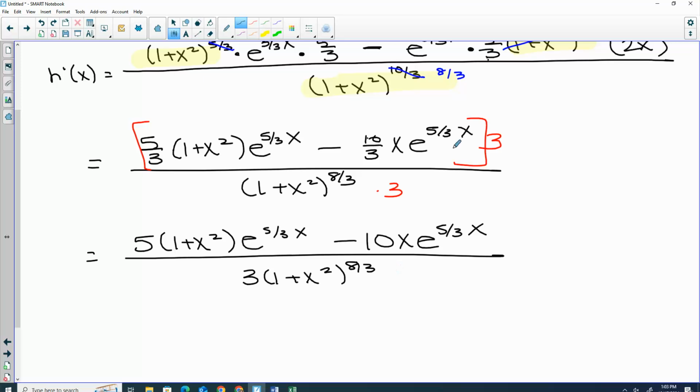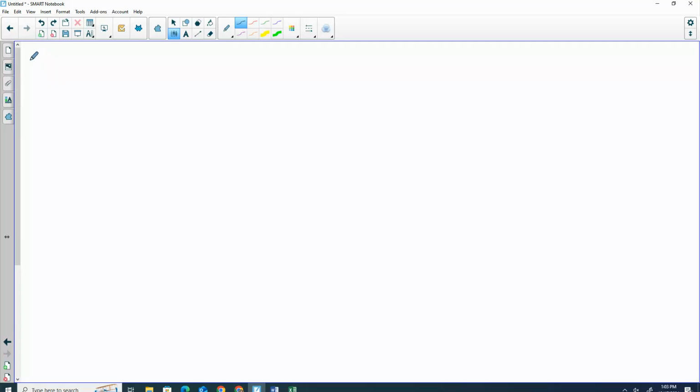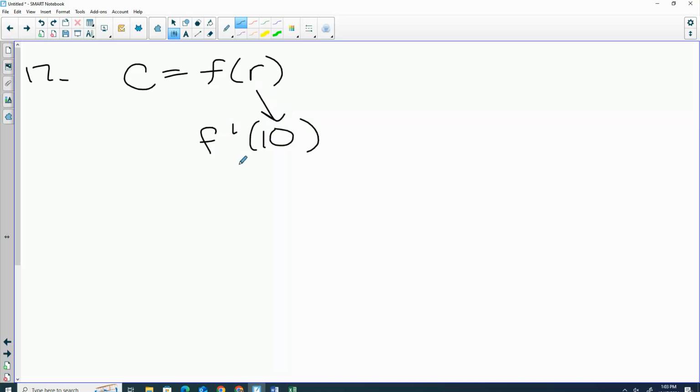Let's look at 18B. Can we real quick crash course the meaning of 17? A derivative is a rate of change, so it's saying it's changing over time. C is f of r. So if I want the meaning of f prime of 10, my rate is 10. C is the cost.